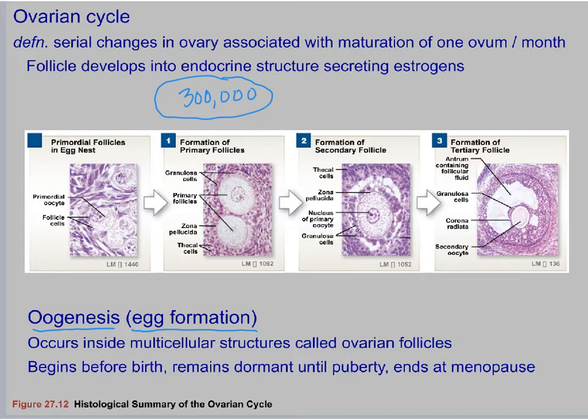In this progression that you see here from the beginning all the way to number 3, the authors are representing the stages of oogenesis. And what you see here is this cell called the primordial oocyte. Primordial means ancient, or old.